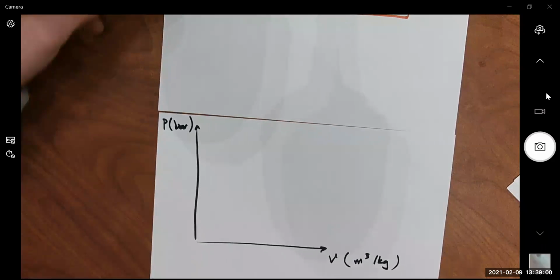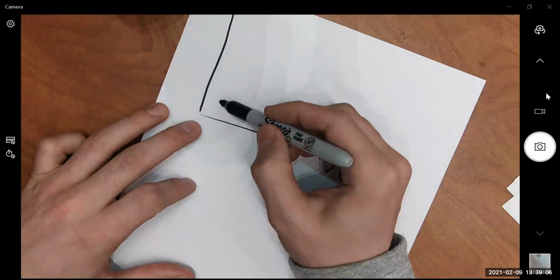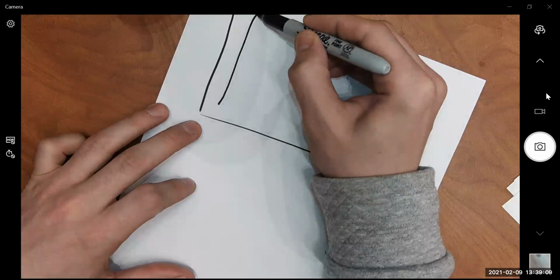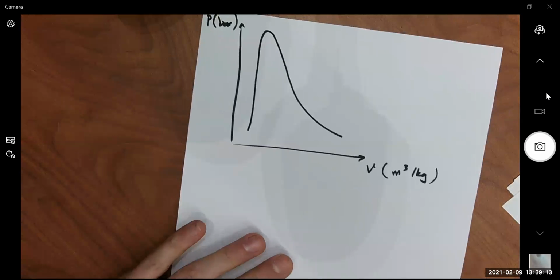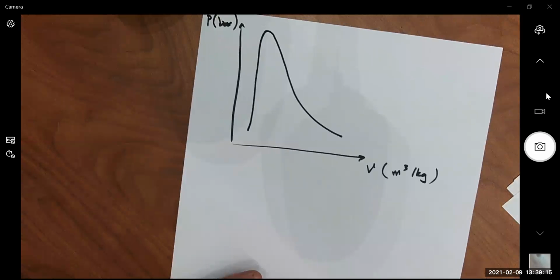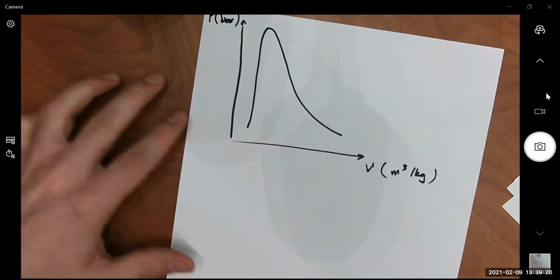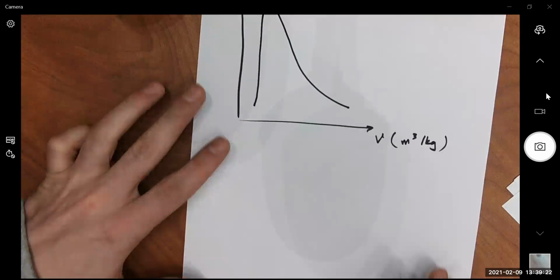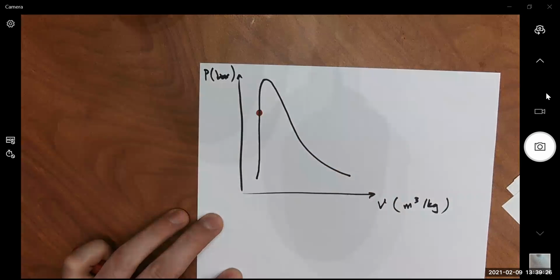One last thing. I'm asked to sketch this process on a PV diagram. State 1 is somewhere around here. How do I know?